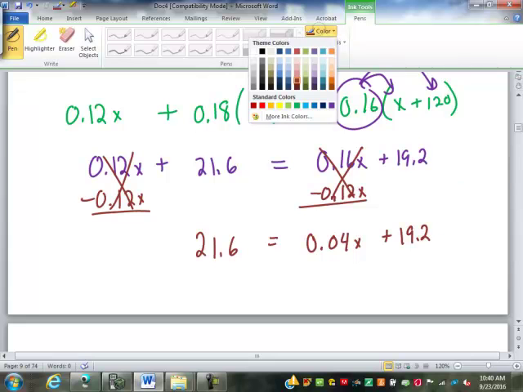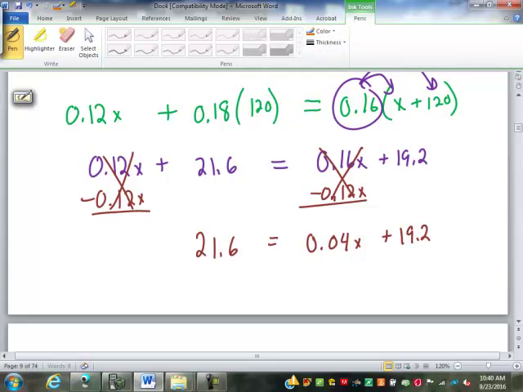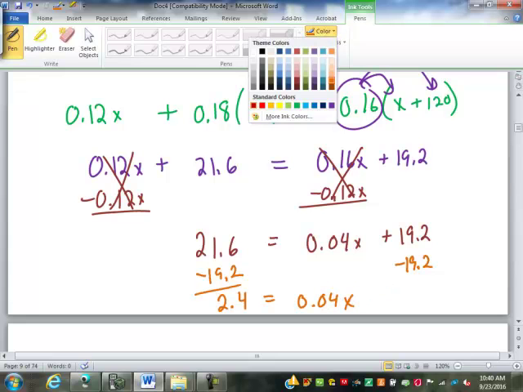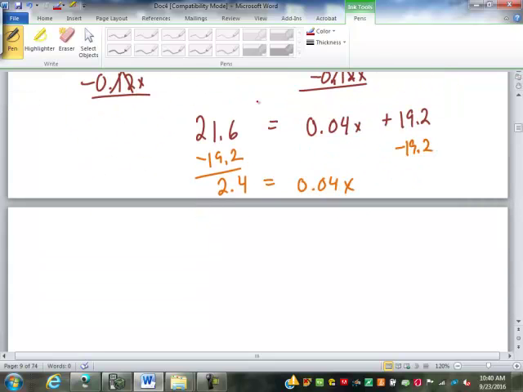And we still have the plus 19.2. Then what do we do? Subtract 19.2. Good. So 2.4 equals 0.04x. And then to get x by itself, it's being multiplied by 0.04. We divide by 0.04. Giving us 60 equals x.